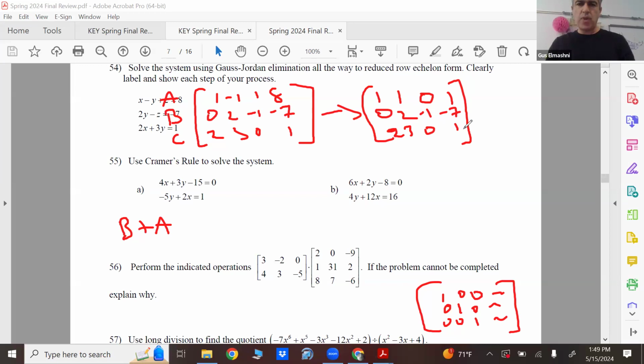I could probably try getting rid of the second number in row A. I could probably try doing that. So this is B plus A, right? That's what I did over here. Over here, let me do C minus 3A.